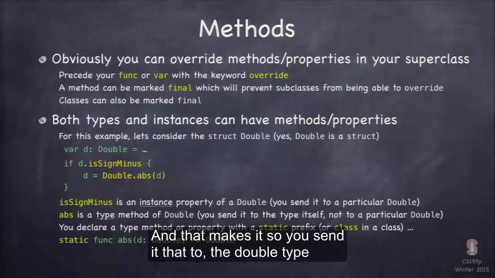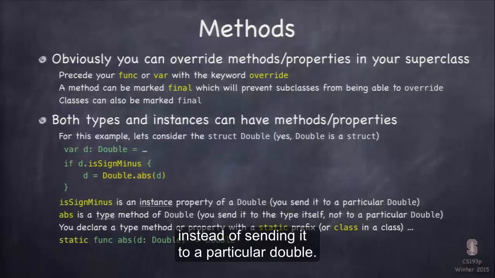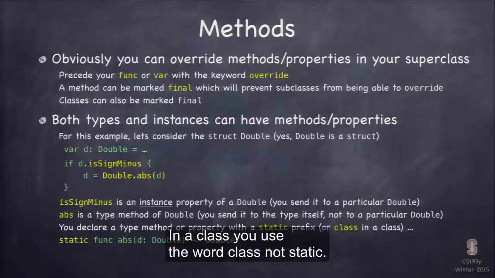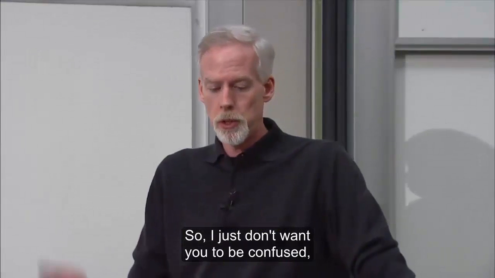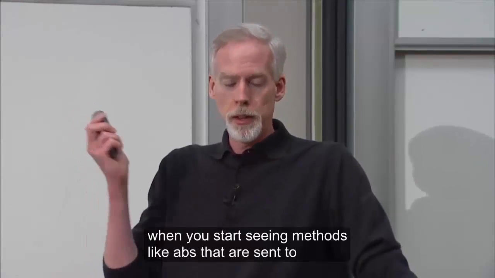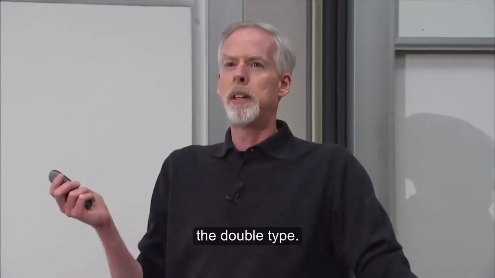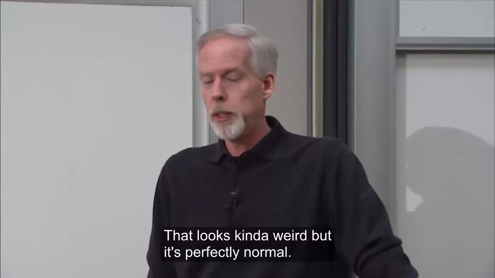And that makes it so that you send it to the Double type instead of sending it to a particular double. In a class, you use the word class, not static, because it's called a class function. So I just don't want you to be confused when you start seeing methods like abs that are sent to the Double type. That looks kind of weird, but it's perfectly normal.